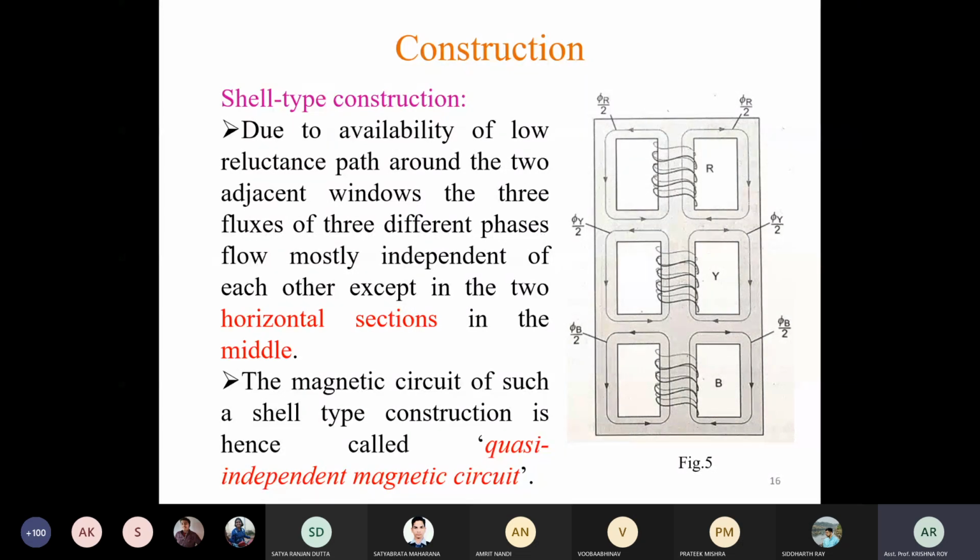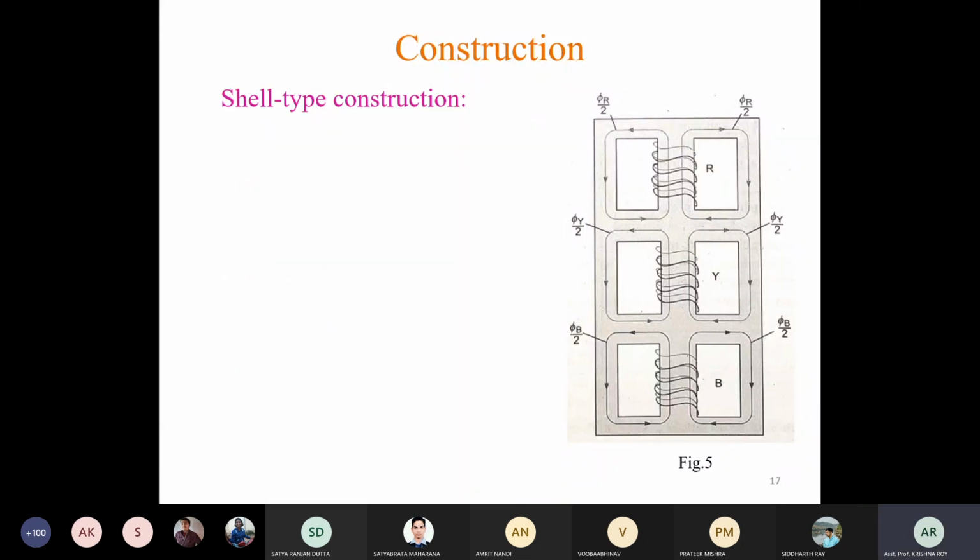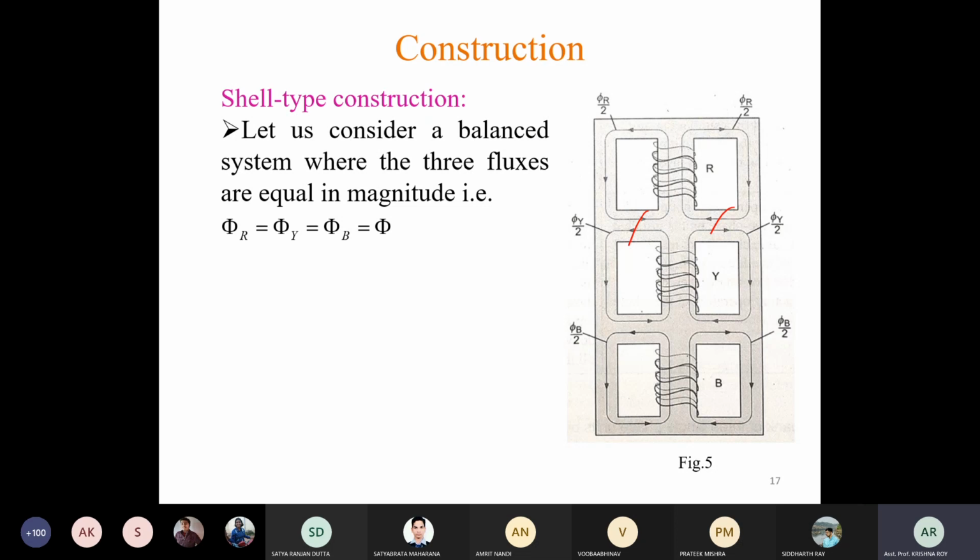It is not completely independent. Here the flux value of these sections can be calculated using the phasor diagram.